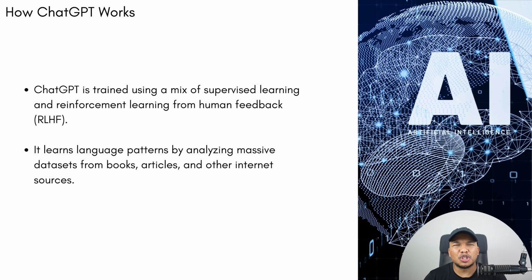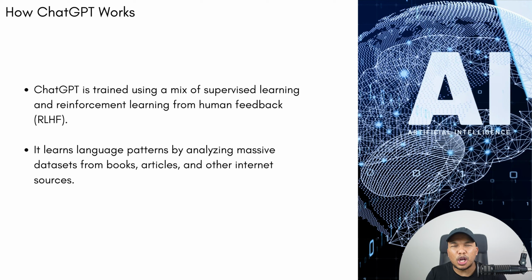So how exactly does ChatGPT work? I think we should have some understanding of how it actually works. So ChatGPT is trained using a mix of supervised learning and also something that we call the reinforcement learning from human feedback, the RLHF. We'll talk about this in just a moment.